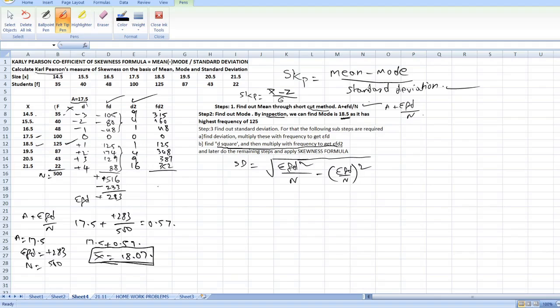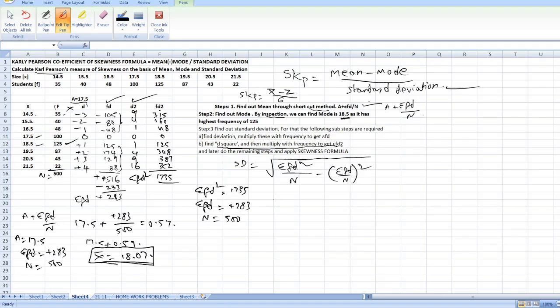When you add up all these, the figure is equal to 1735. This is summation fd square. Okay students, now you have got all these figures. You have got summation fd square is equal to 1735, summation fd is equal to plus 283, n is equal to 500.